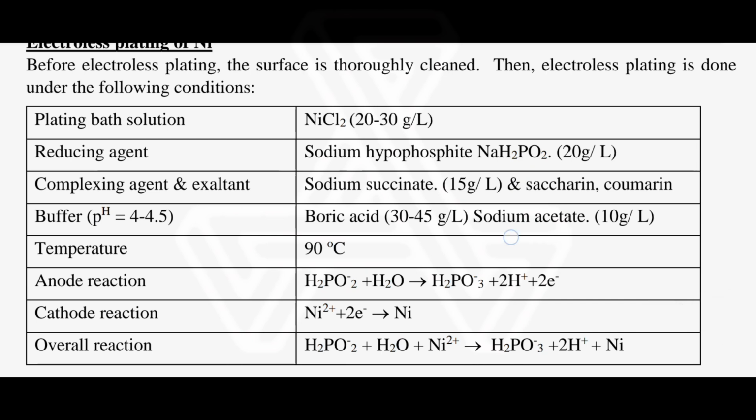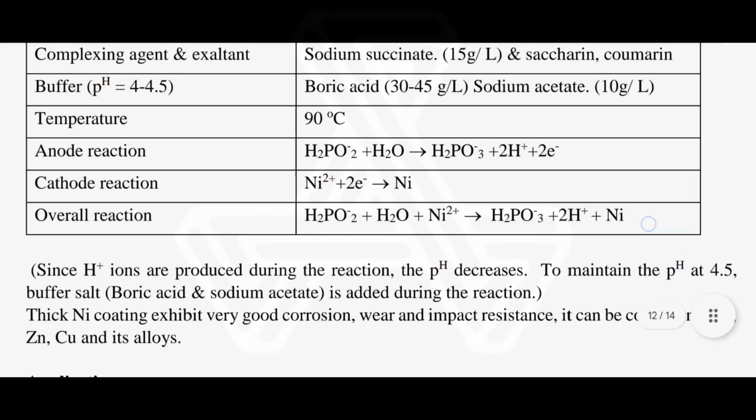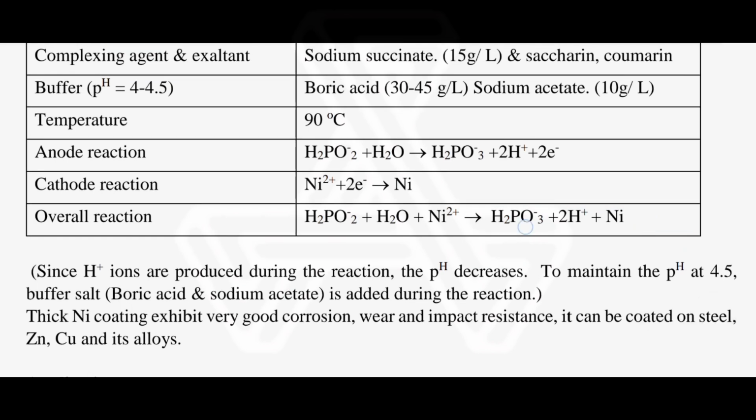Complexing agent and exaltant: sodium cyanate, 15 grams per liter, and saccharin, coumarin. Buffer, pH 4 to 4.5: boric acid, 30 to 45 grams per liter; sodium acetate, 10 grams per liter.